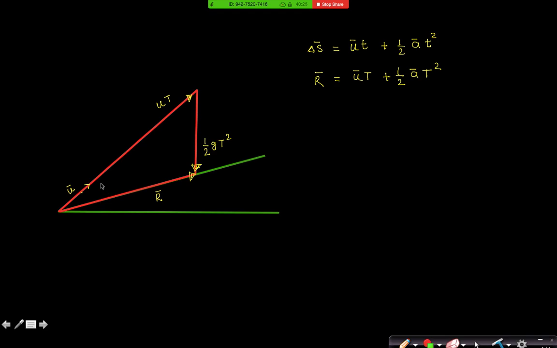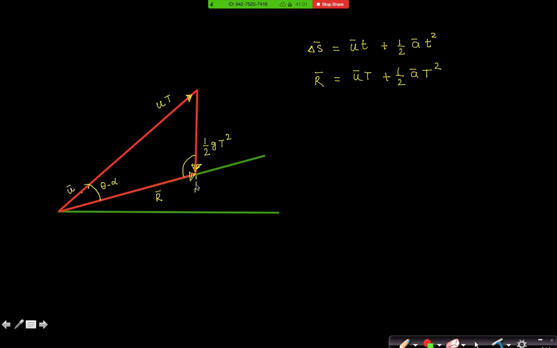Now if I try to understand what are the different angles of this triangle, let us first try to calculate them. Can you tell me what is this angle? Theta minus alpha. Okay. Can you tell me what is this part? Only theta and alpha. 90 plus alpha.